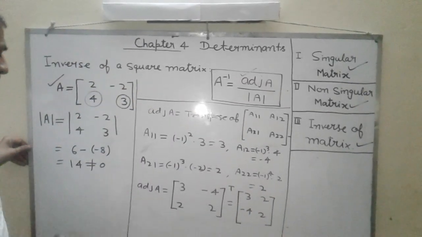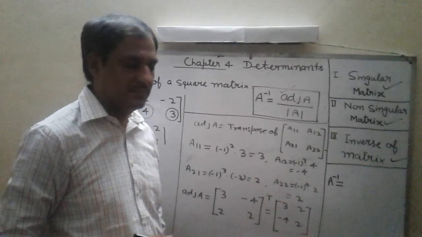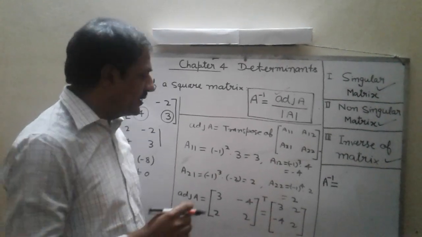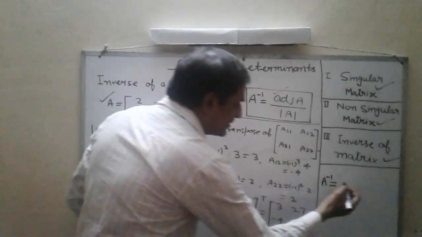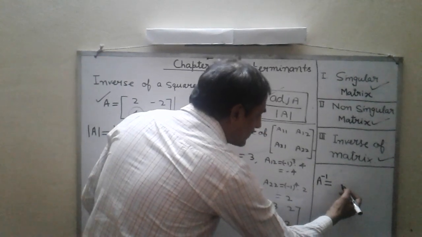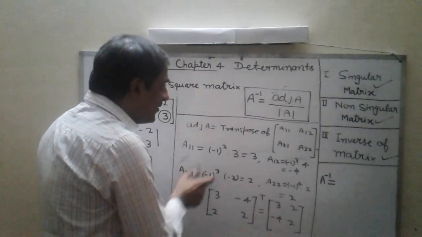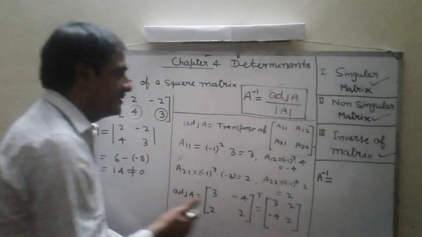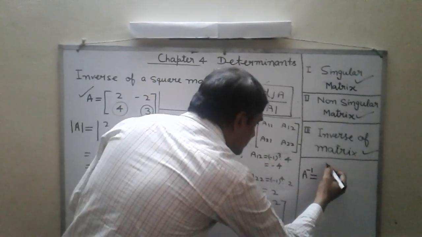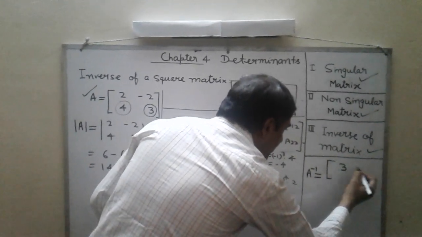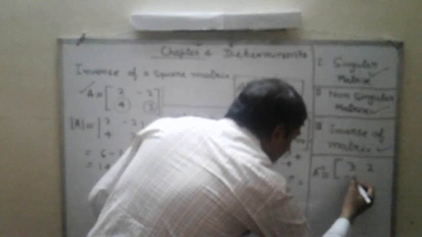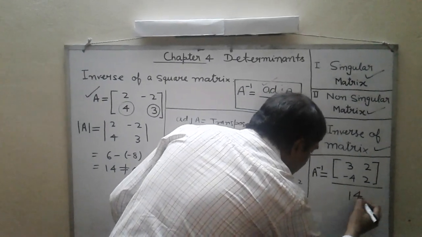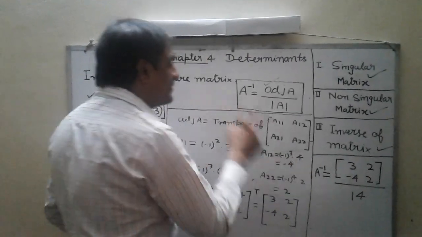This is the value of adjoint of A. Hence, A inverse is equal to adjoint of A upon the value of the determinant. Adjoint of A is 3, 2, minus 4, 2, upon 14. This is the inverse of the given matrix.